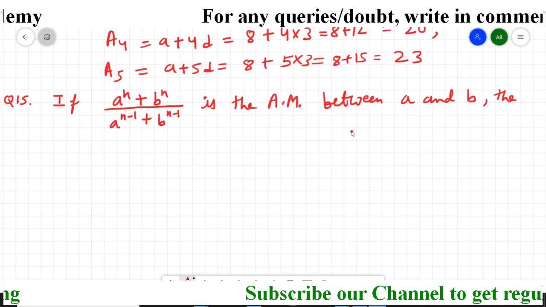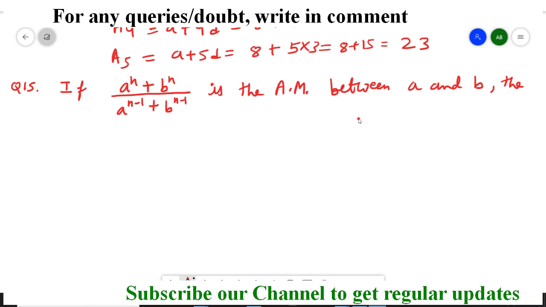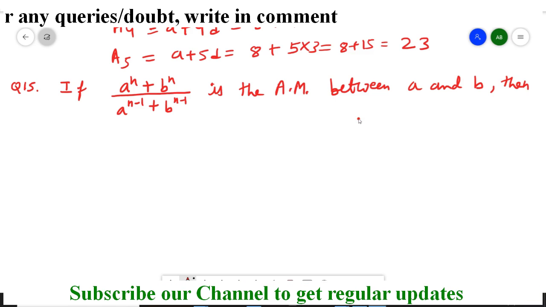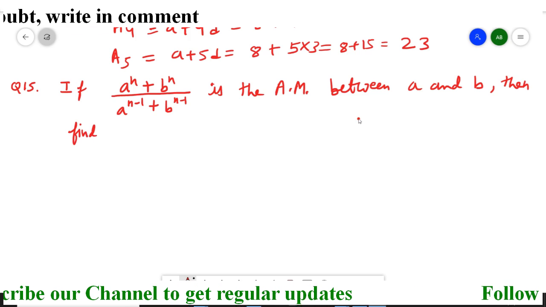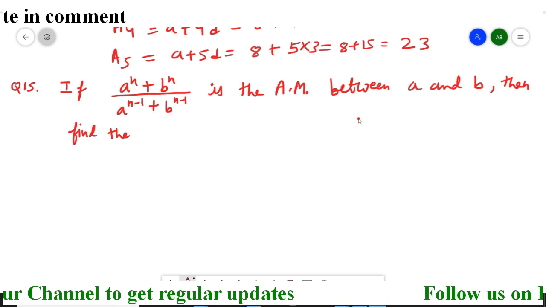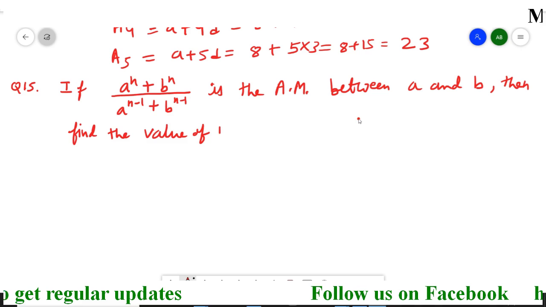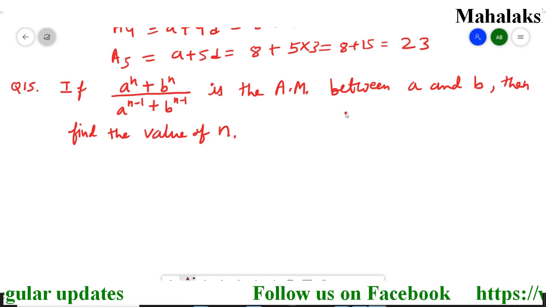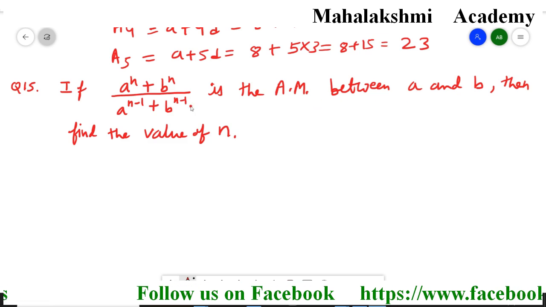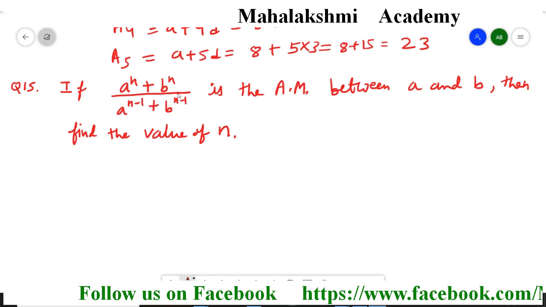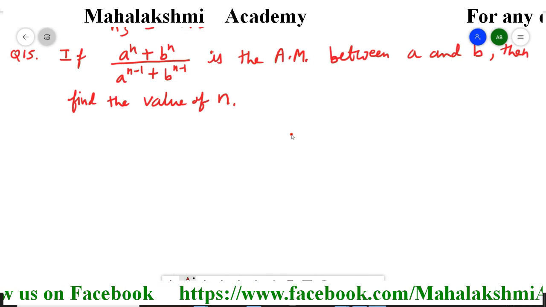I am just writing question number 15 here. We have to solve this. So here it is given that it's an arithmetic mean between a and b. If it's an arithmetic mean between a and b, then we have to find the value of n. So we have to solve this. Firstly we'll write down.